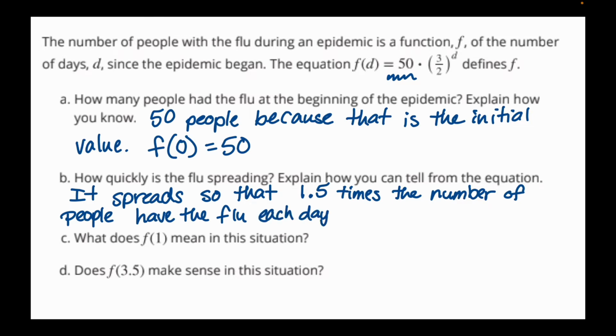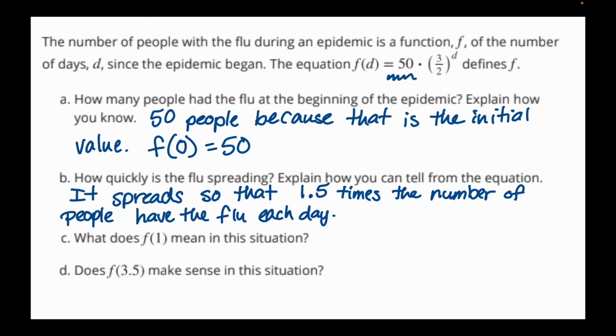But then I'm also going to put my secondary explanation. I can say it spreads, or oh, it was the number of people. That's right. So half, because we're growing by half.